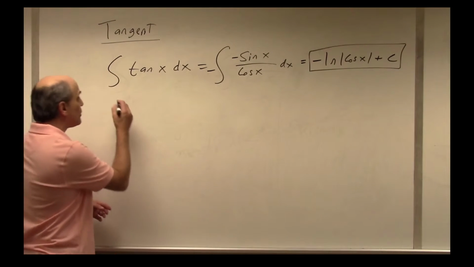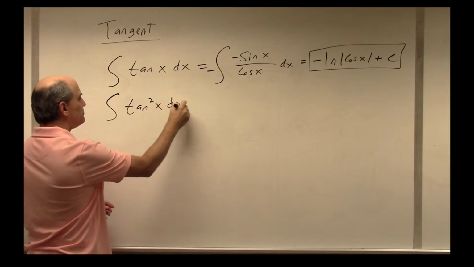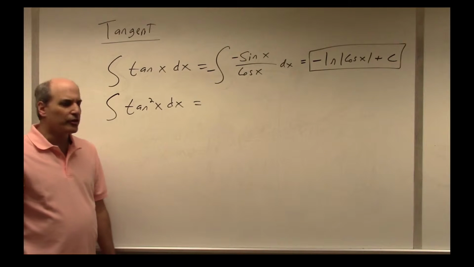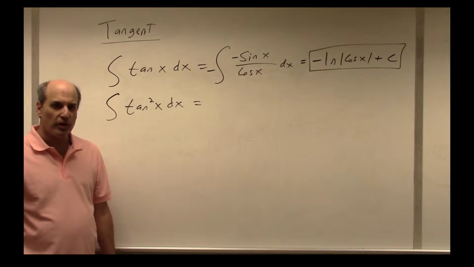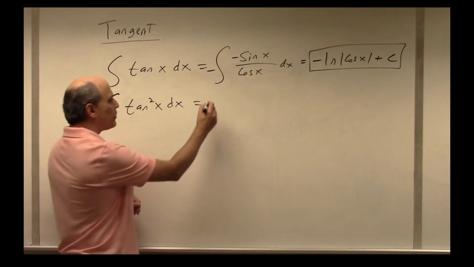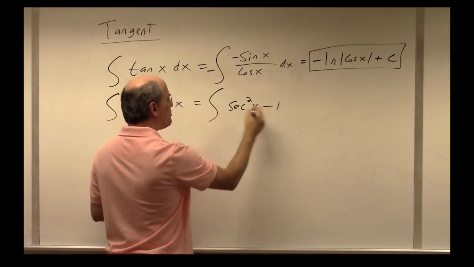Okay, let's try tangent to the second power. It may not be immediately obvious how to integrate this, but we know that tangent squared plus 1 is secant squared, which means tangent squared is just secant squared minus 1.